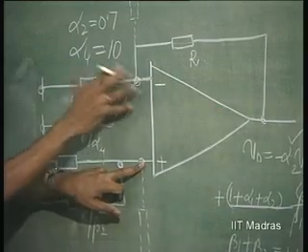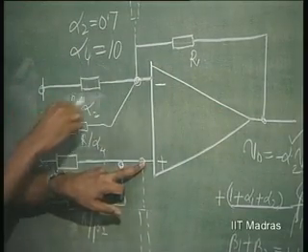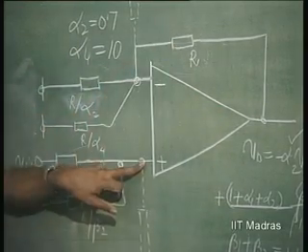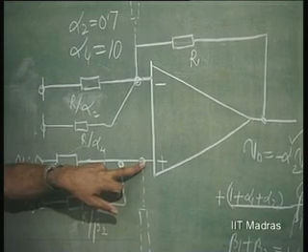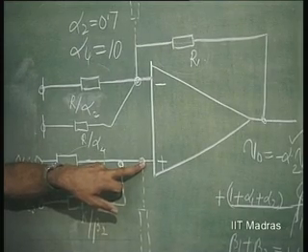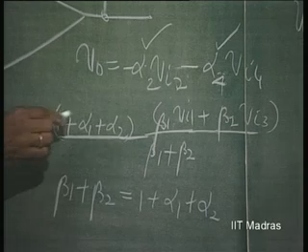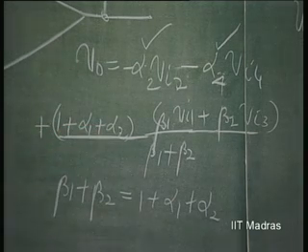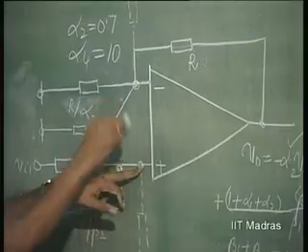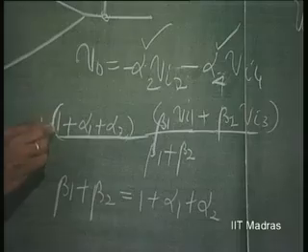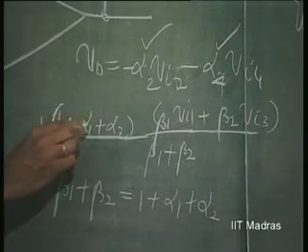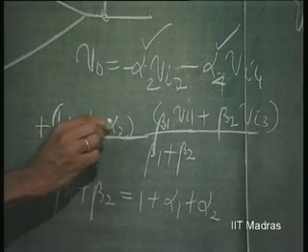So, this is your effective R1, this is your R2, that means the gain is 1 plus R2 over R1, which will be 1 plus alpha 1 plus alpha 2. So, the gain from here to here is going to be 1 plus alpha 1 plus alpha 2.